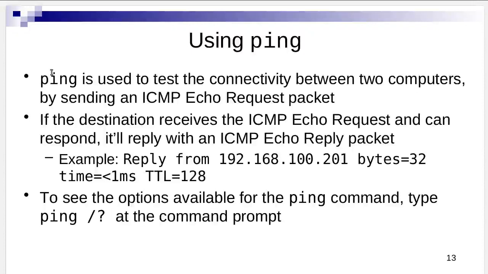Remember, ping, the main reason to use it is to check connectivity between your computer and another computer. And what we do is we send ICMP echo request packets and wait for the responses. So remember that when you use ping, you send a packet out to that destination, and if you don't get one back, it's not necessarily because that computer is not available or not running.